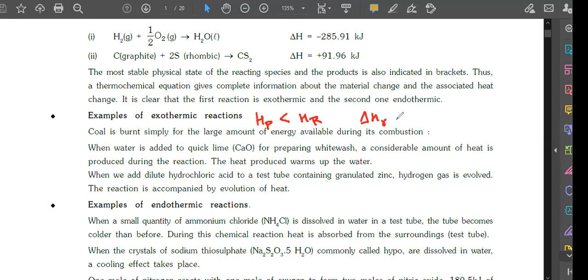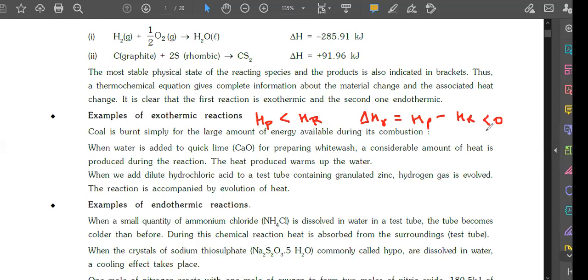Because we know that delta H of reaction is total enthalpy of product minus total enthalpy of reactant, right? Because of exothermic reaction, energy is released, which means the energy of reactant is more than that of the product. So it will be less than 0. Got it, everyone?